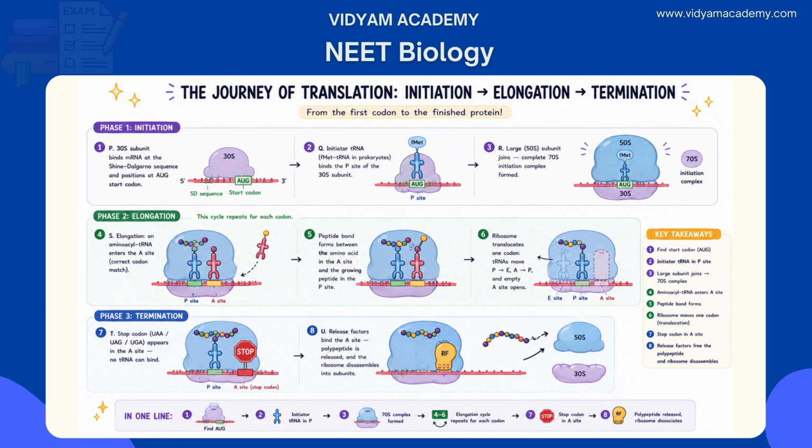No aminoacyl-tRNA can enter. U completes the process. Release factors, RF1 for UAA and UAG, RF2 for UAA and UGA, recognize the stop codon, stimulate hydrolysis of the peptidyl-tRNA bond, releasing the polypeptide, and then the ribosome dissociates into subunits for reuse.